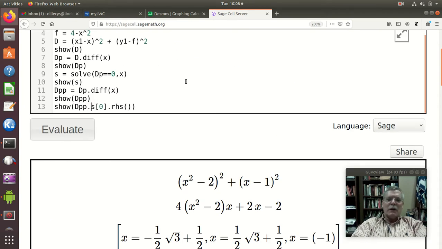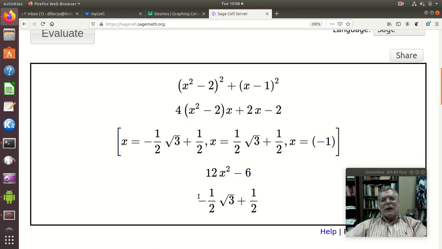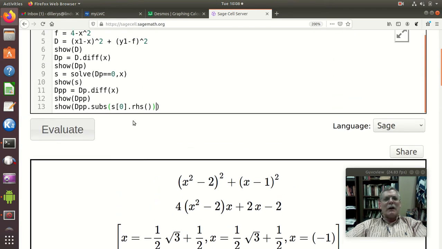DPP dot. Now, I can tell you, I believe it's just subs for short. What do I want to sub in? I want to sub in this. And actually, I do need to tell it x equals this. So I said I just wanted that, but now that I'm thinking about it, this might work if I just ask it for that equation.